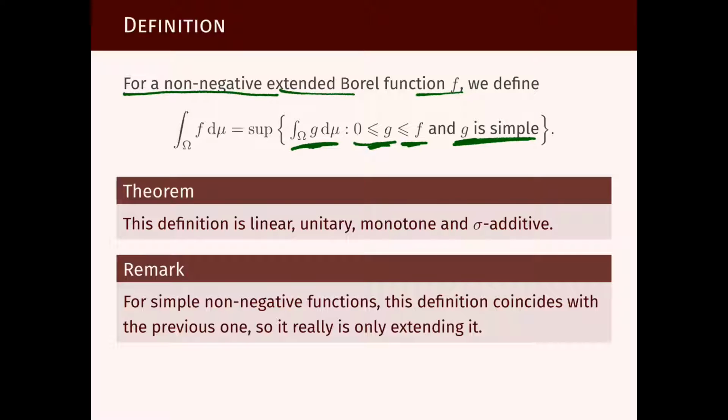And now we take the supremum over all possible choices of simple random variables or simple measurable functions that stay below f. And by definition, this is the definition of the integral of a non-negative extended Borel function.